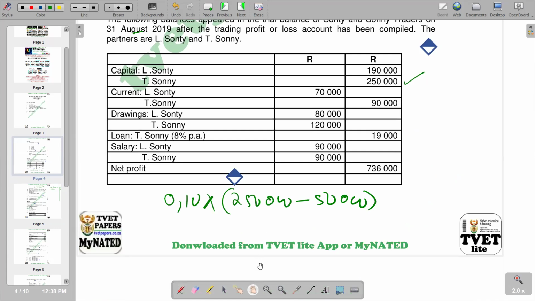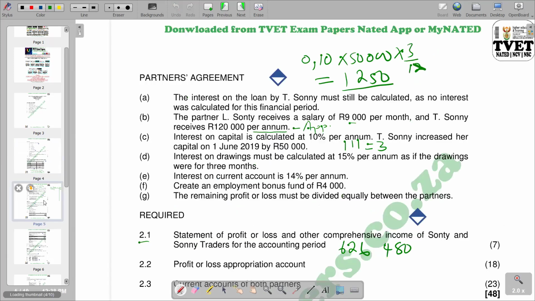You see that now it becomes 0.10 multiplied by 200,000, and we get 20,000. So this 20,000 we add to the 1,250 that we got for the 50,000. So we're saying 20,000 plus 1,250.